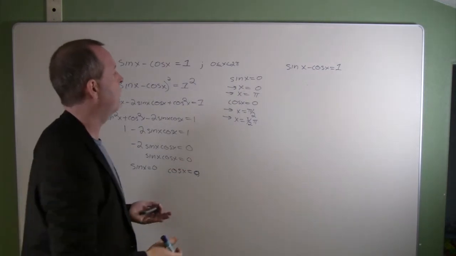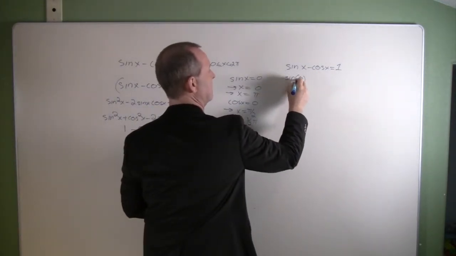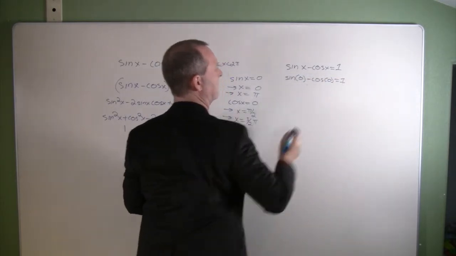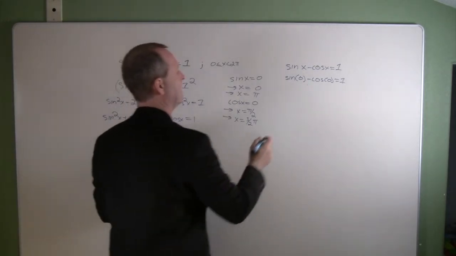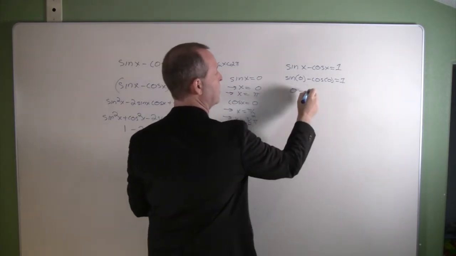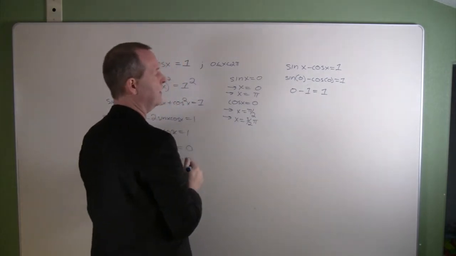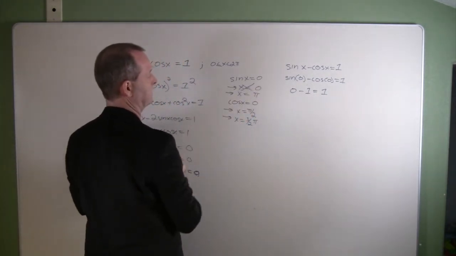So let's check for x equals 0. Sine of 0 minus the cosine of 0. Does that equal 1? Well, the sine of 0 is 0 minus the cosine of 0, which was a 1. Does negative 1 equal 1? It does not. So this is not a solution.